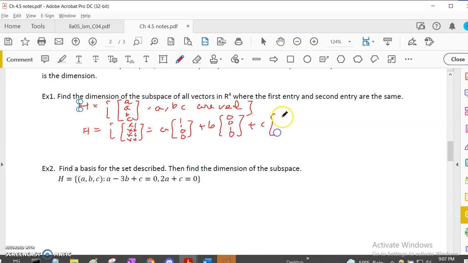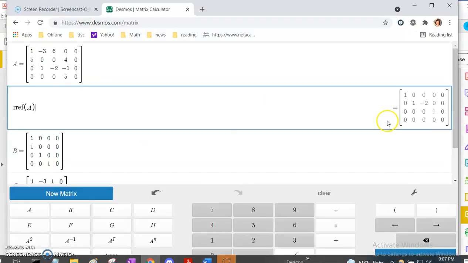Take c out and it's 0, 0, 0, 1. Then I check that these three vectors are independent, by doing 1, 0, 1, 1, 0, 0, 0, 0, 1, 0, 0, 0, 0, 1, and having them equal to 0, to see if they have only the trivial solution.